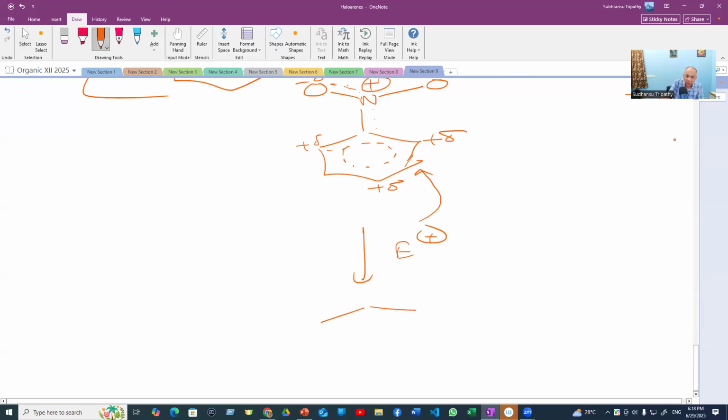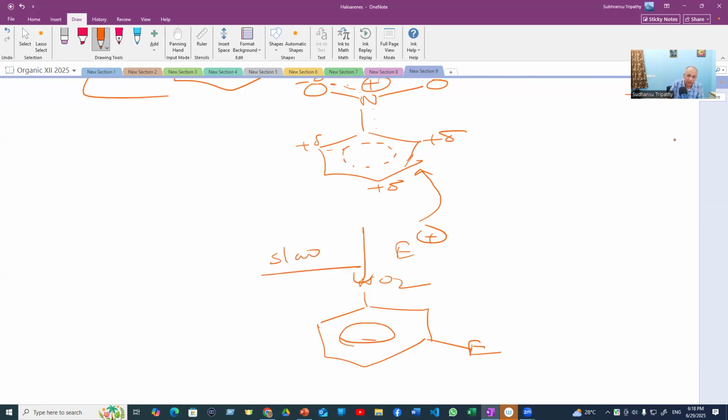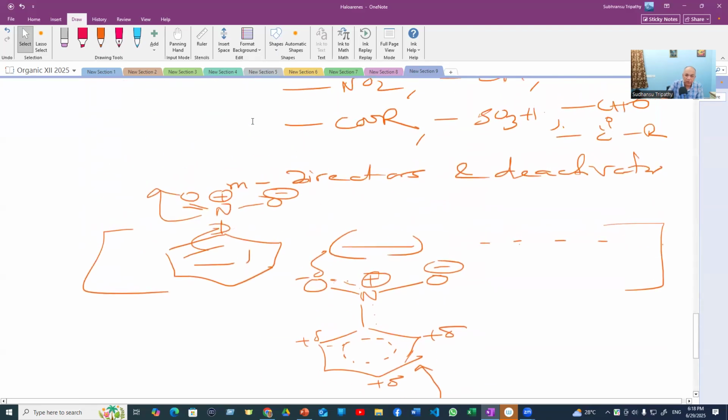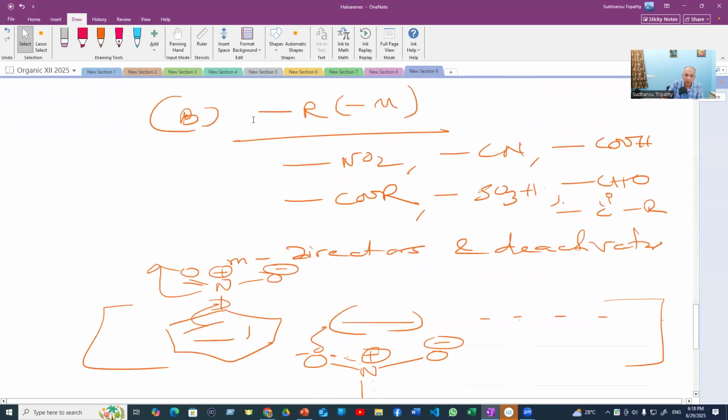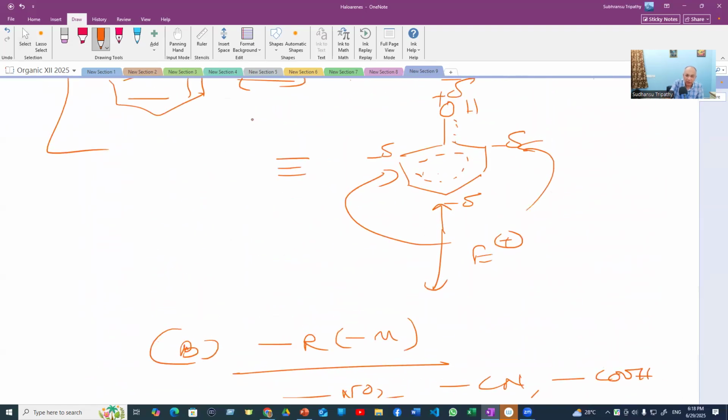So you get only one product, the meta product with NO2, and a slow reaction. Here you get two products, a mixture, where OH is the host group and E will be here as well as here.